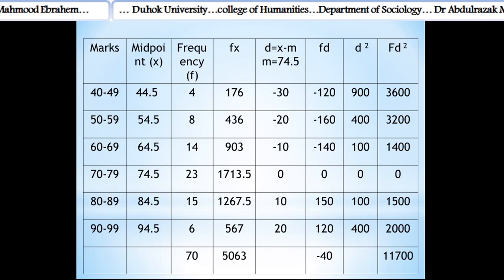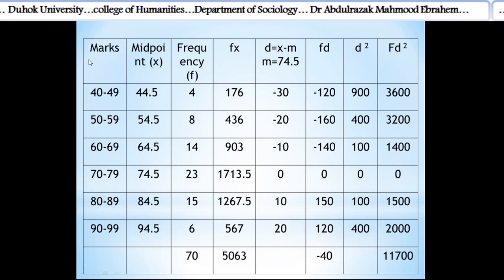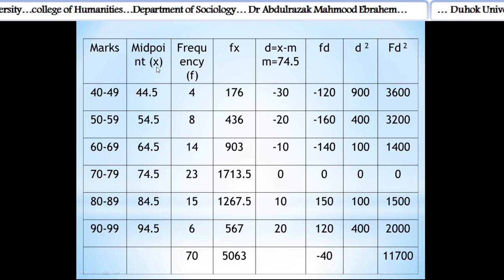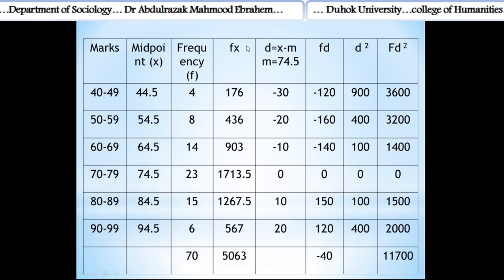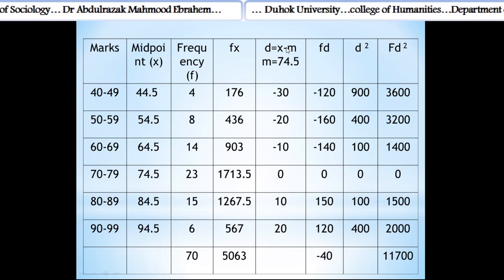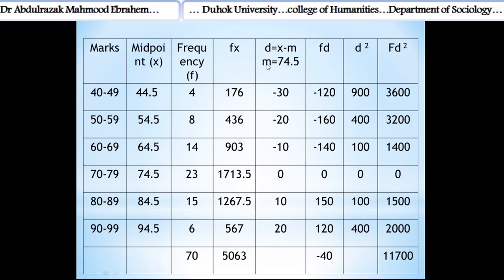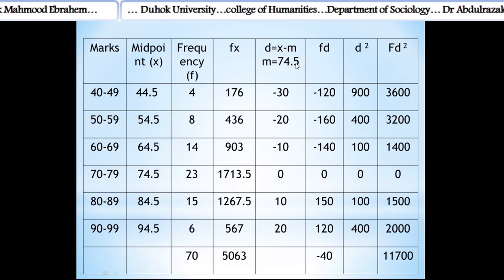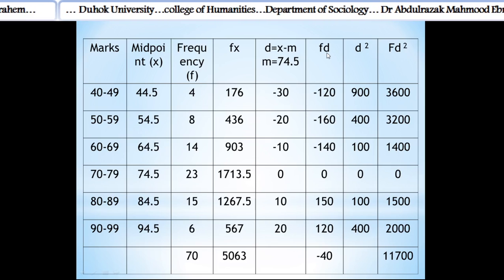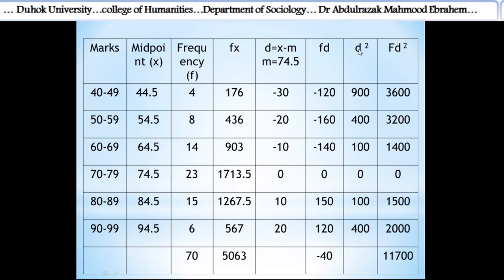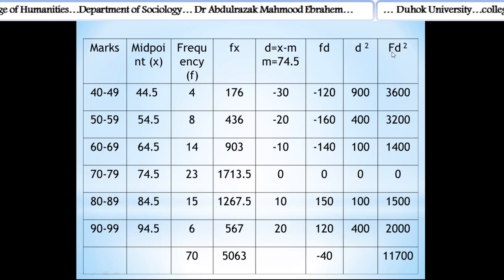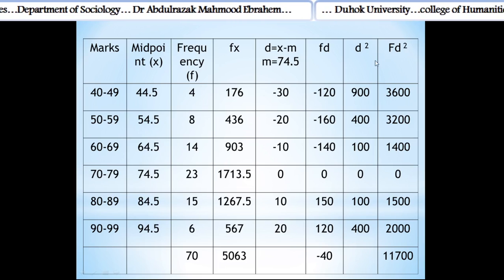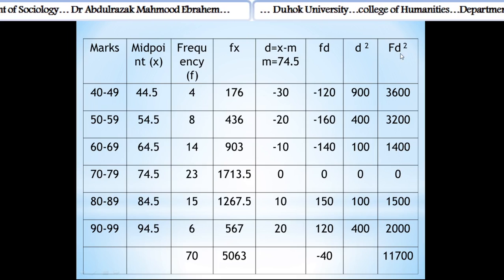We must make this table containing marks, midpoint x, frequency f, f multiplied by x, d equals x minus m, where m is 74.5, and fd from f multiplied by d, and d square from squaring, and the last one, fd square, from f multiplied by d square.